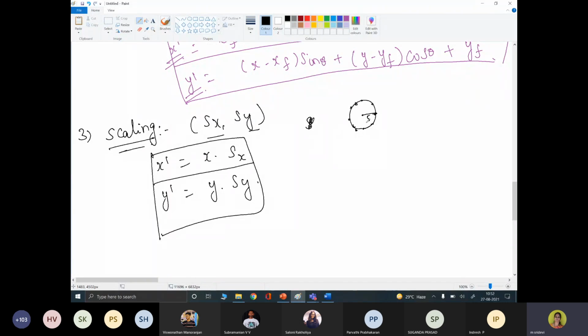When you scale this, for example, the scaling factor can be less than 1, equal to 1, or greater than 1. If your scaling factor is greater than 1, let it be 2, 2. Your pixel positions are 1, 1 and 2, 2. So what will happen when you scale this object?